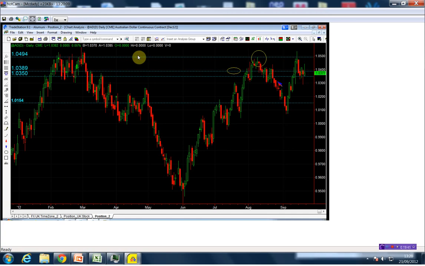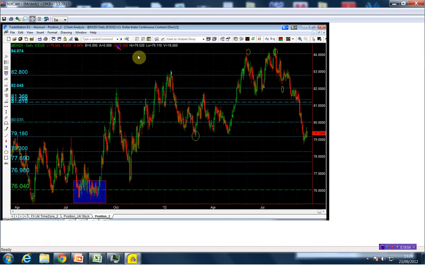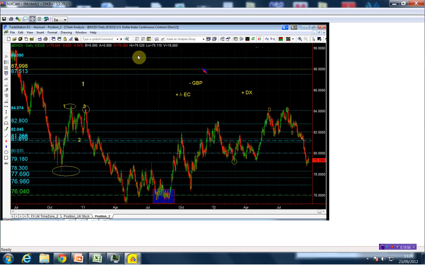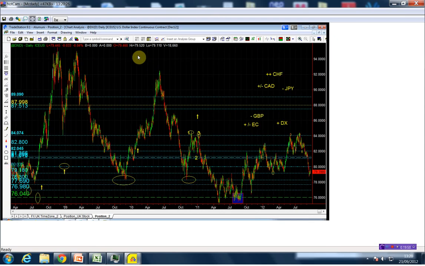So my bias on the Aussie, based upon what we see, is to be short the Aussie. Our bias for the Australian dollar right here is going to be short. The trend is still up, so we're looking at shorting the Aussie dollar.